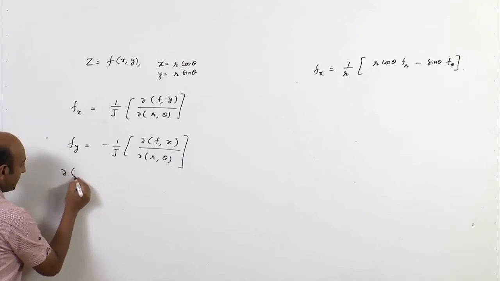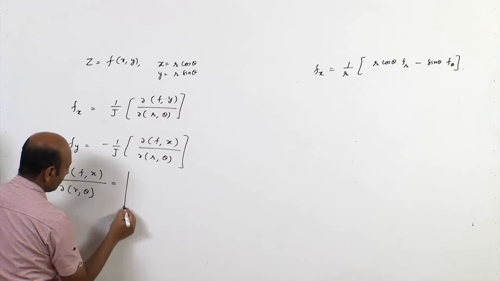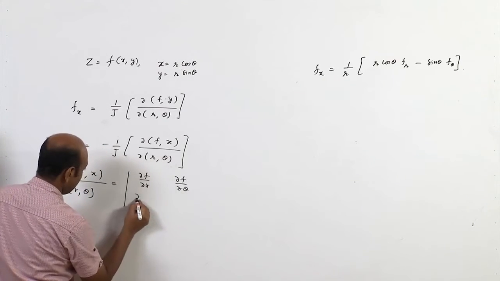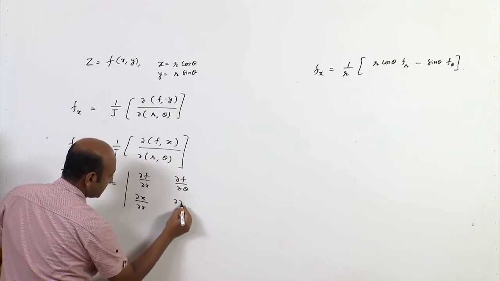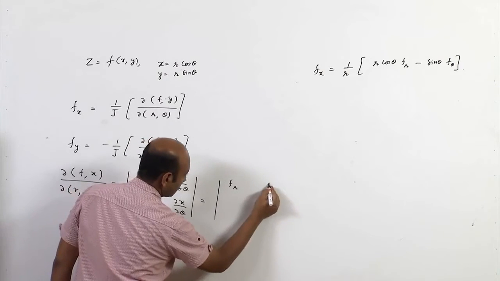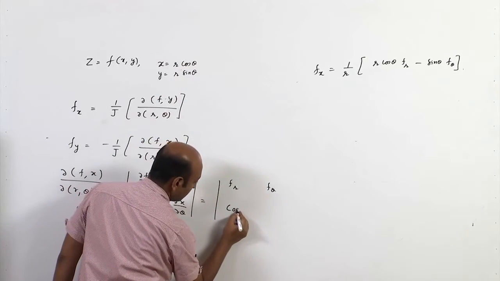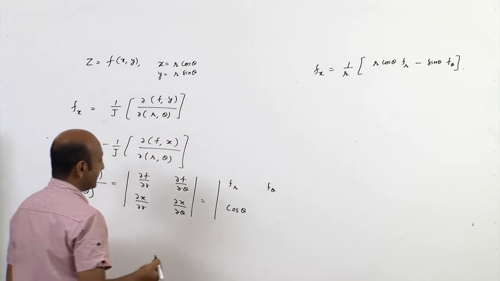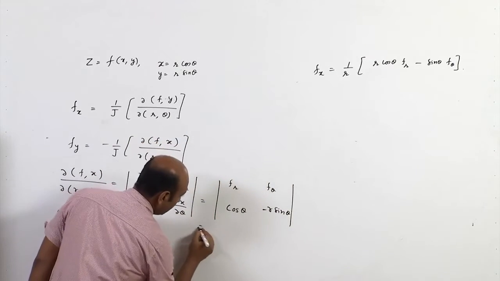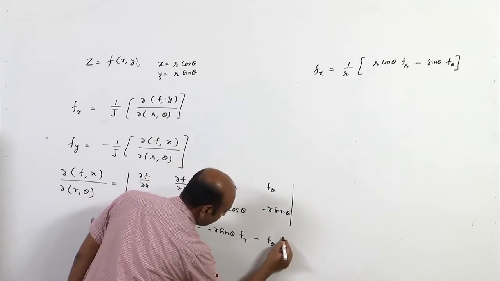This term is del of fx upon del of r theta, which is the determinant of del f upon del r, del f upon del theta, del x upon del r, and del x upon del theta, and it is equal to fr, f theta, del x upon del r from here is cos theta, and del x upon del theta is minus r sin theta. So, this value will be minus r sin theta fr minus f theta into cos theta.